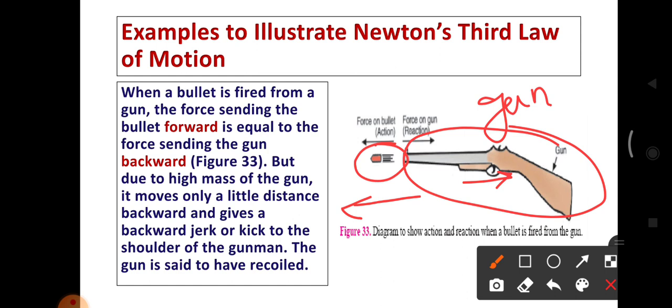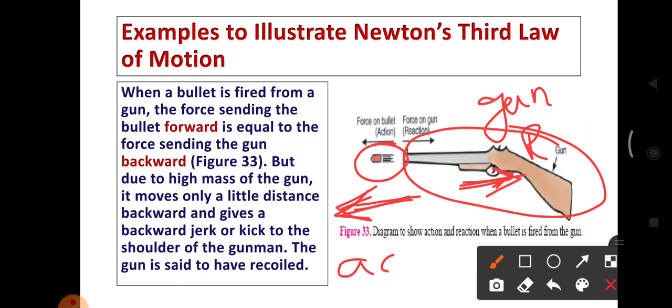The gun is said to have recoiled. So this is called recoil. When we fire a bullet, the bullet goes forward and the gun goes backward. This is action and this is reaction.